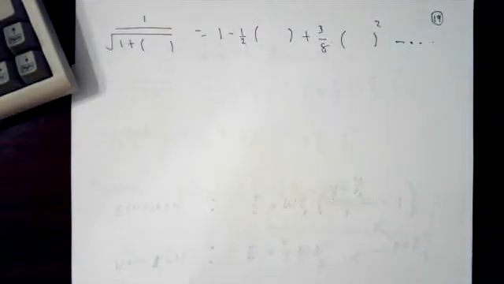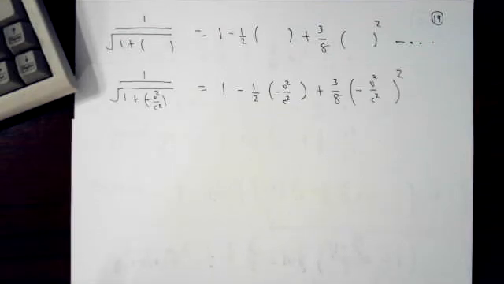So what we're going to do is take our series expansion for 1 over square root of 1 plus something, and the something is going to be the negative of v squared over c squared. I'm only going to write out the first 3 terms here because that's enough to tell me what I want to know.